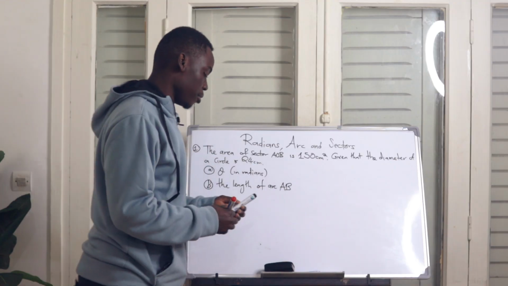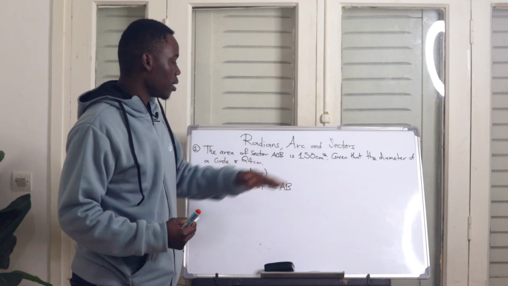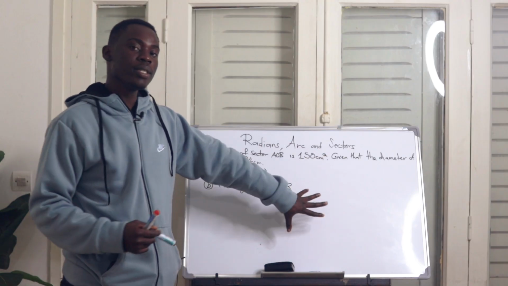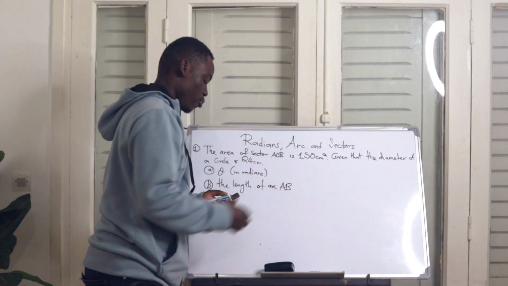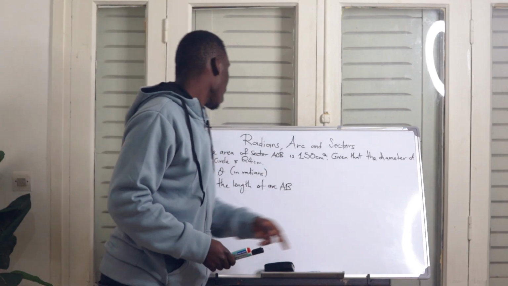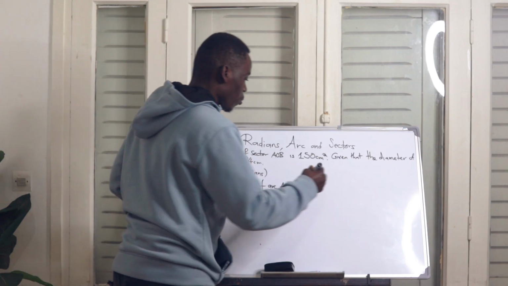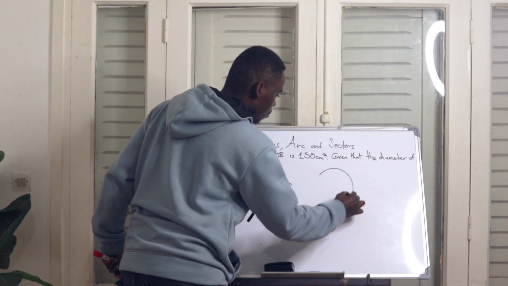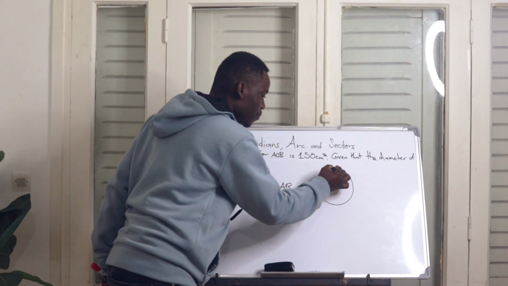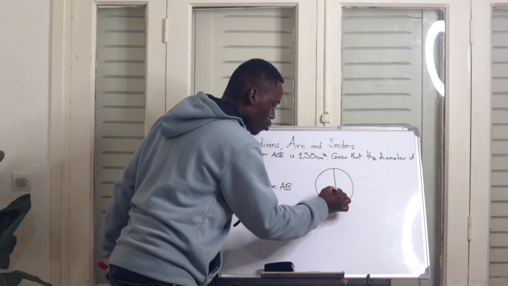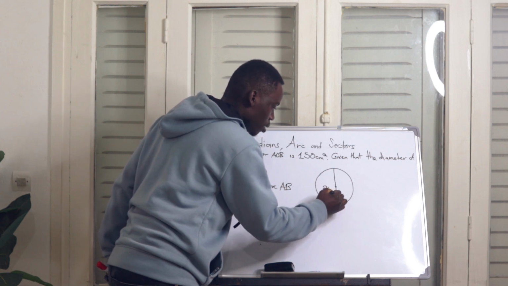Now, this is a very interesting question. The area of sector AOB is 150 centimeters squared. I've not drawn the sector here because I want us to visualize it in our heads and draw it there. Given that the diameter of a circle is 24 centimeters, so we've got a circle, and the diameter of this circle passing through the center is 24 centimeters.